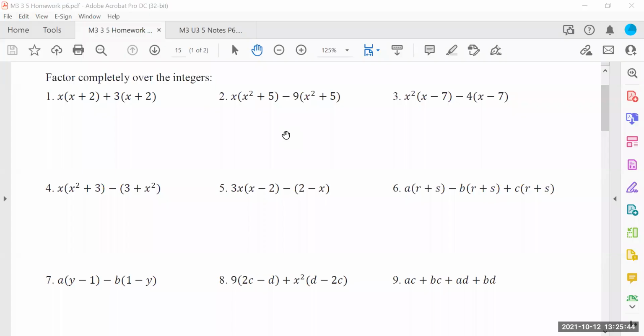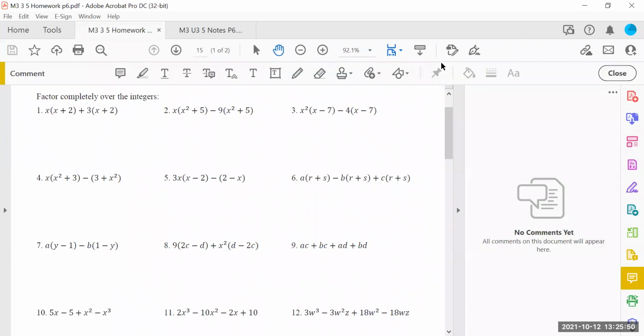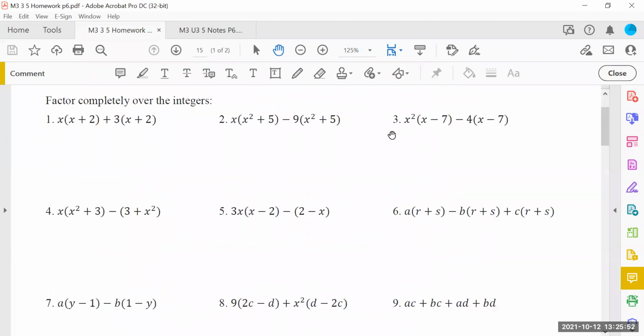So for number 3, did everybody manage to take out the x minus 7? Did that make sense, everybody? X minus 7, they share. What was in the second set of parentheses then? You just shout it out. X squared minus 4. That's okay though. You got the right answers.